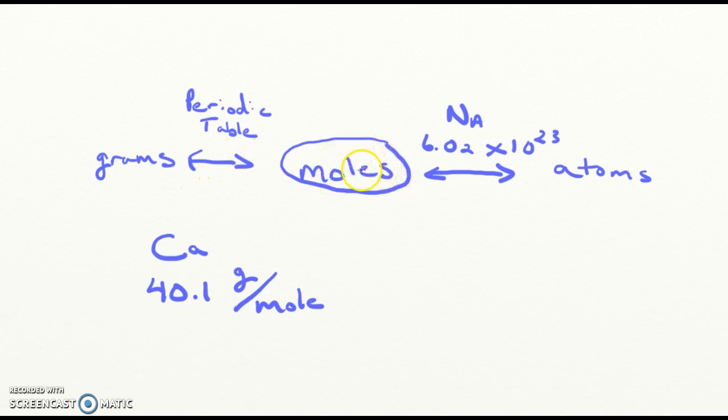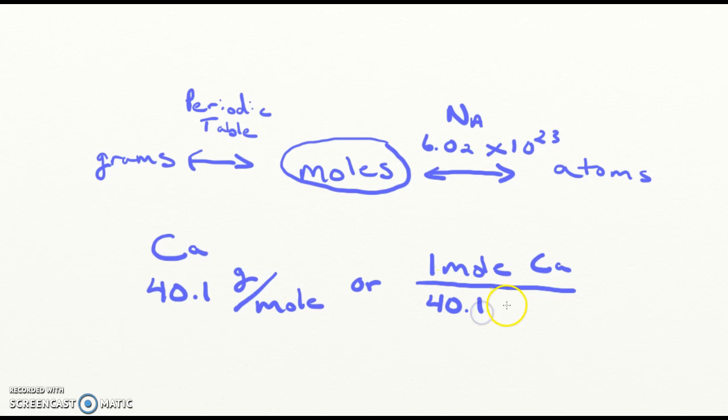Then, as soon as I find moles, and remember I can use this either way, my conversion can be 40.1 grams per mole, or you can say 1 mole of calcium over 40.1 grams of calcium. So there's your conversion.